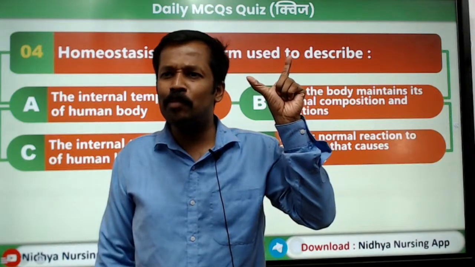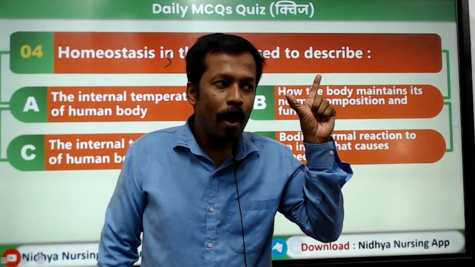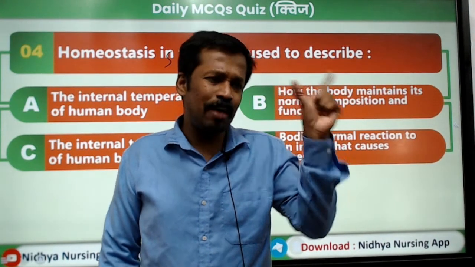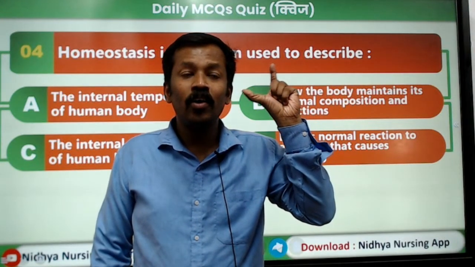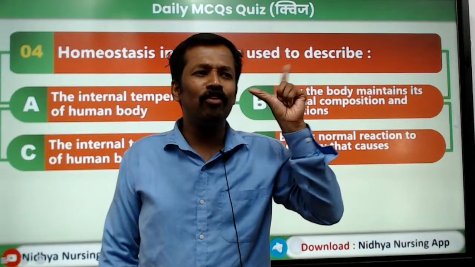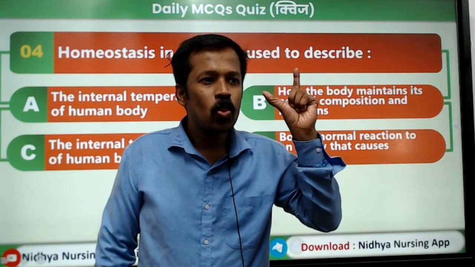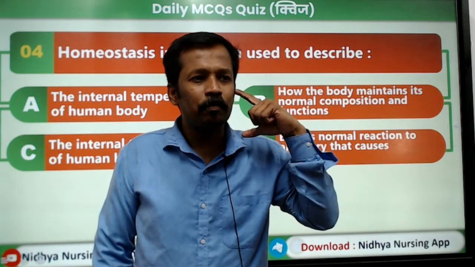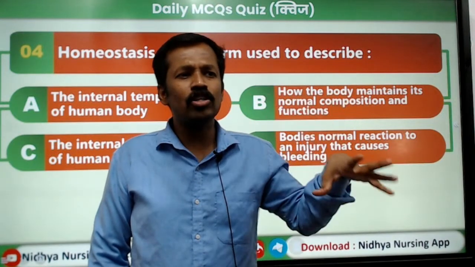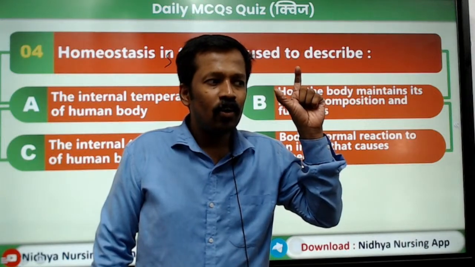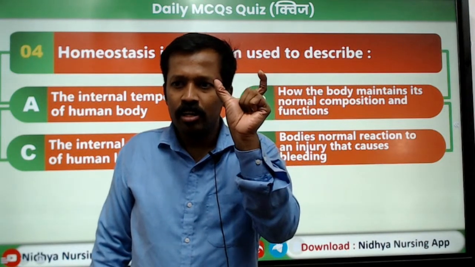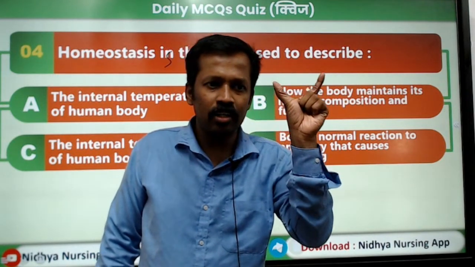Okay, equilibrium. Balancing, equilibrium. One more: not only fluid, not only osmotic pressure, even vitals, even glucose level. Everything comes under homeostasis. Can you describe it in one particular word?